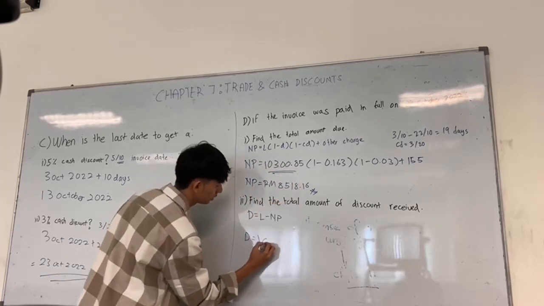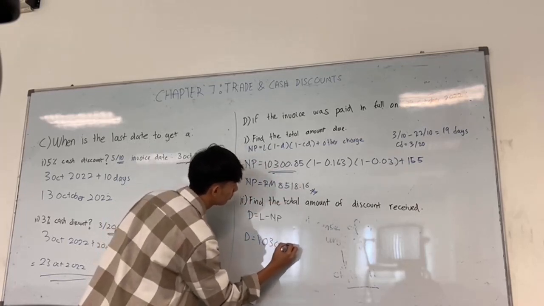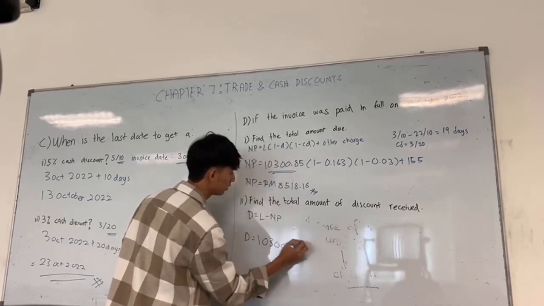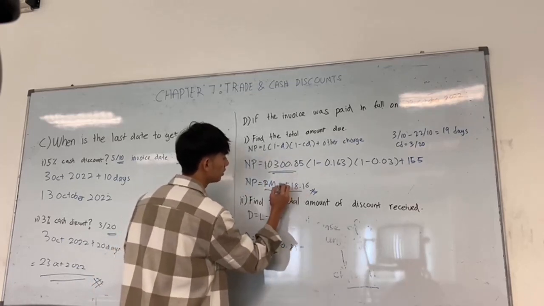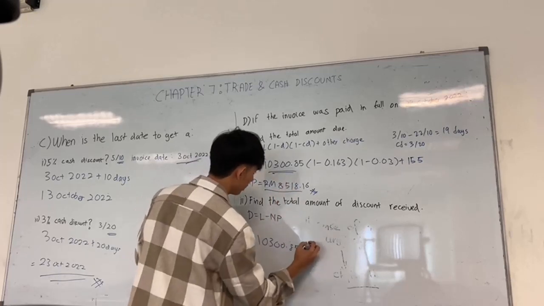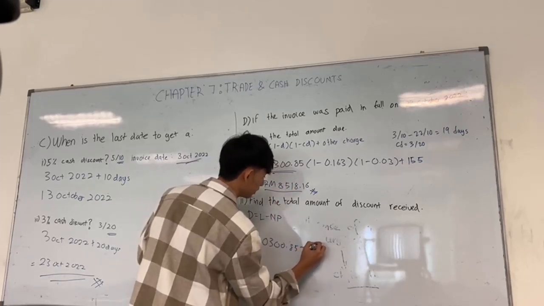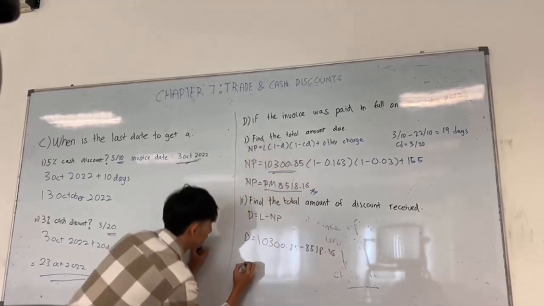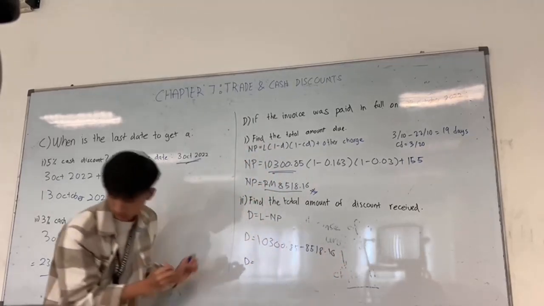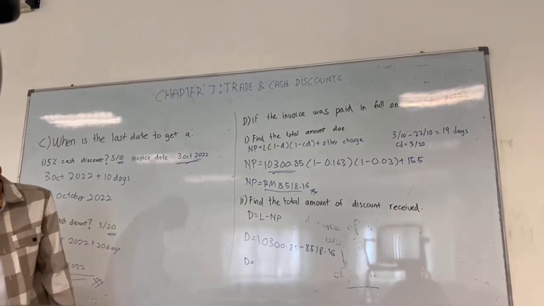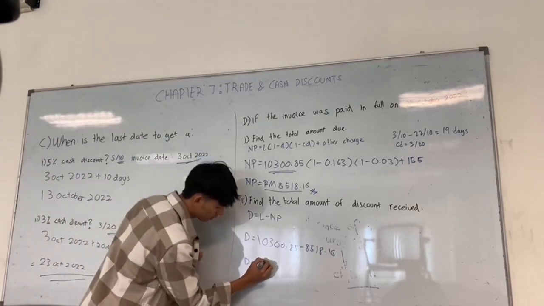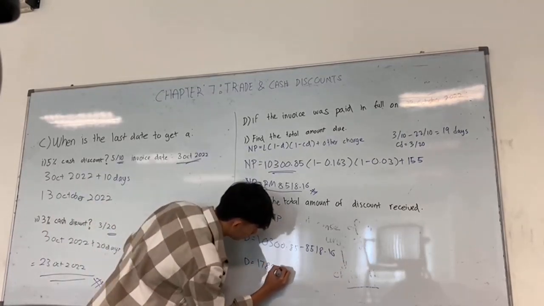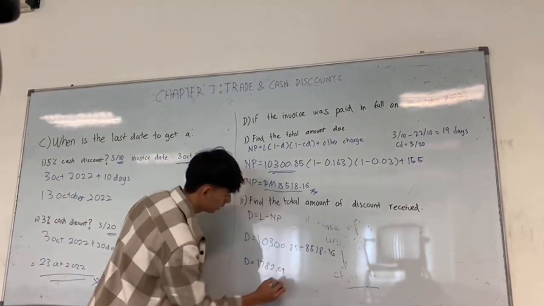We just put in 10,300.85 minus the net price over here, RM 8,518.16, and calculate the answer. The answer will be 1,782.69 ringgit.